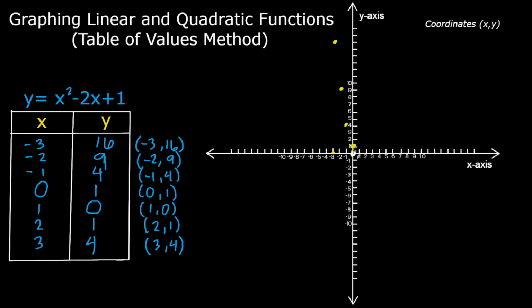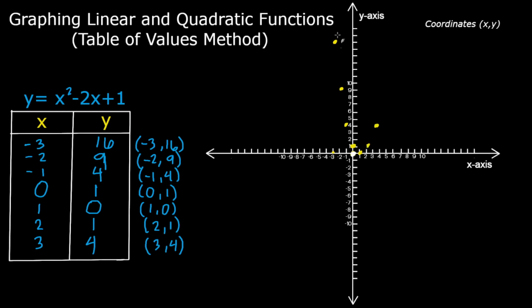And then, followed by 1 and 0, 1 and 0. Dito. And then, sunod is 2, 1. So, 2 and 1. Dito siya. Then, lastly, 3 and 4. So, 3 and 4.